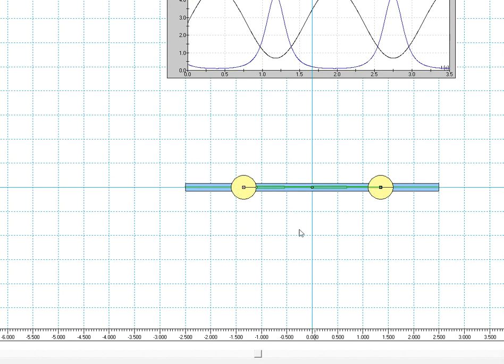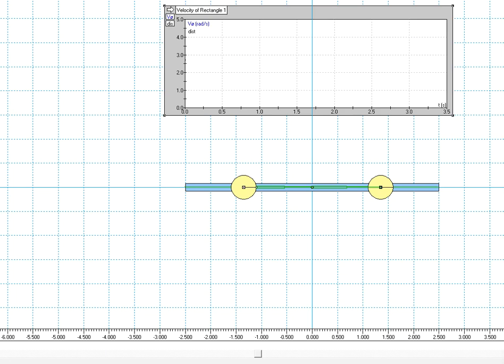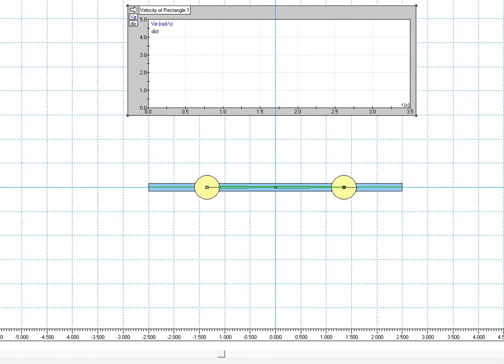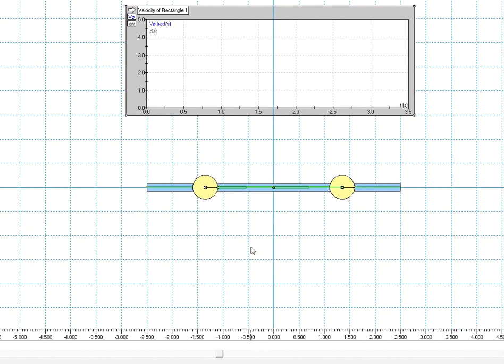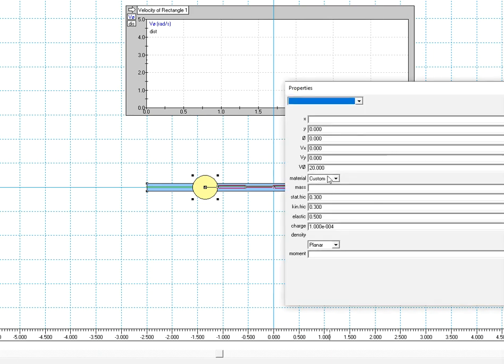And what I did, I removed gravity. So this happens in the horizontal plane. There is no gravity acting, and so we can look at angular momentum conservation for this model. All bodies with mass have an initial angular velocity of 20 radians per second.